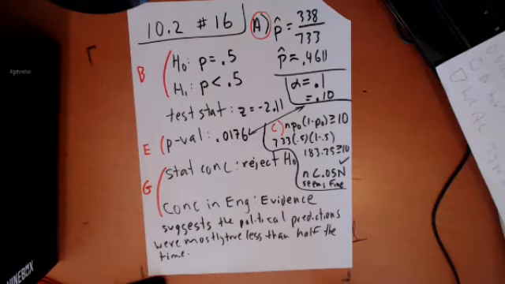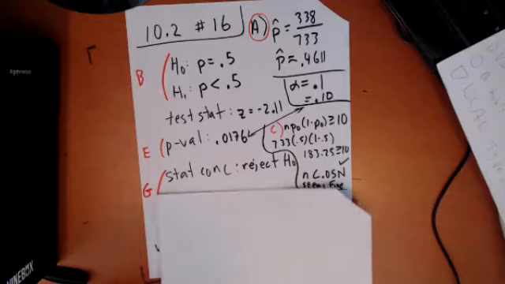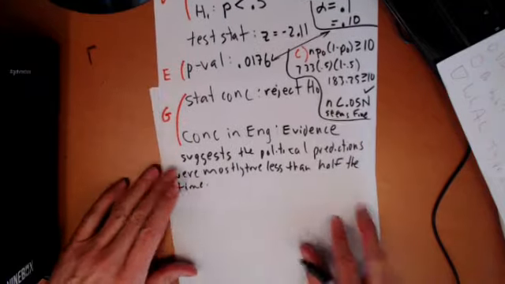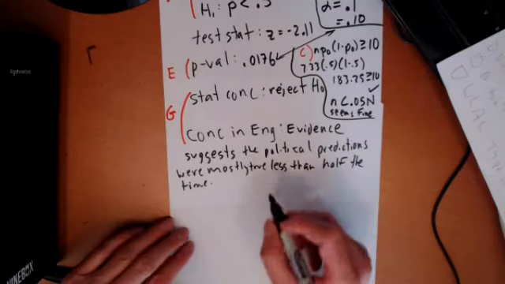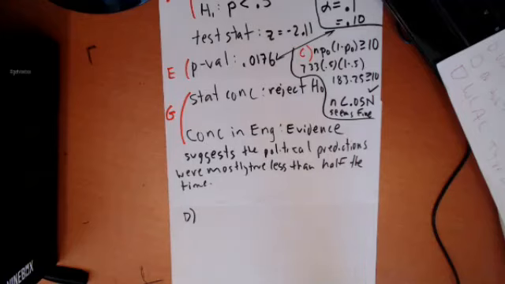Part D, it's part C. This is getting a little sloppy. Extra piece of paper? Sure. So part D. Part D, we could put it down here. Part D is just asking to draw a normal model with the area representing the p-value shaded.